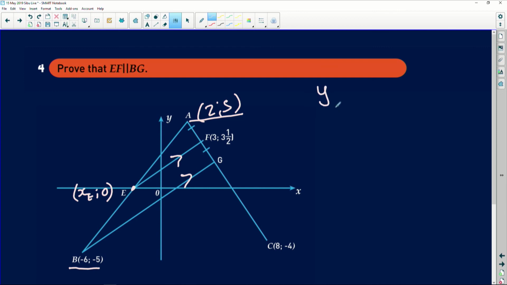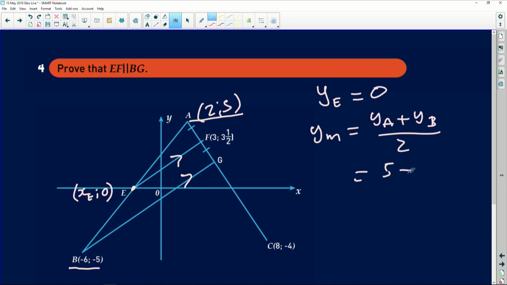The y value of E is given to us as 0 because it lies on the x-axis. But if I try to use the y value of the midpoint of the points A and B, I will have to add the y value of A plus the y value of the point B and divide them by 2. So what I'm getting here is 5 plus negative 5 all over 2, which is going to give me 0 over 2, which is 0.